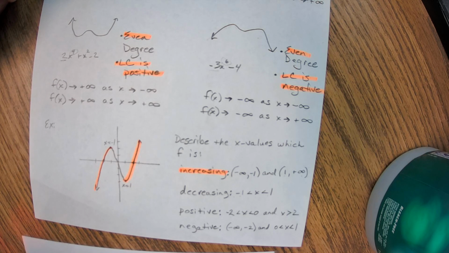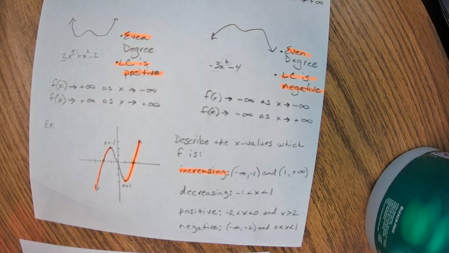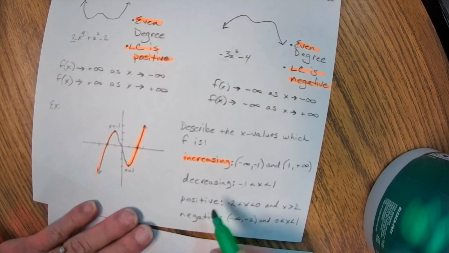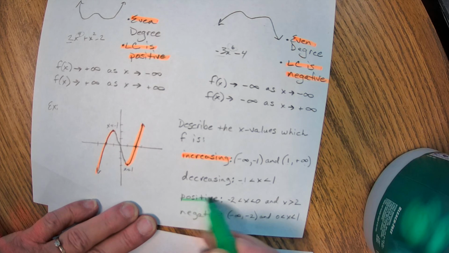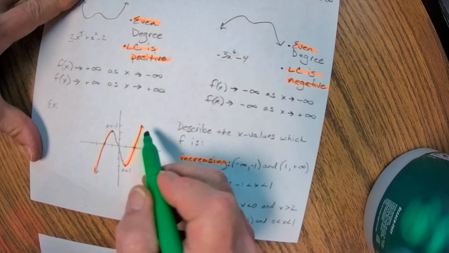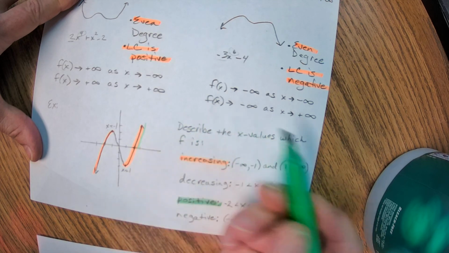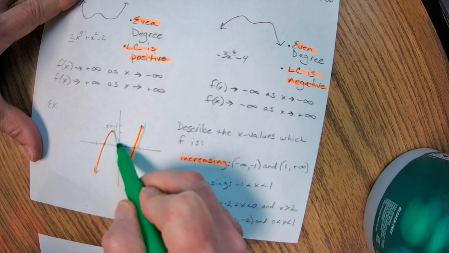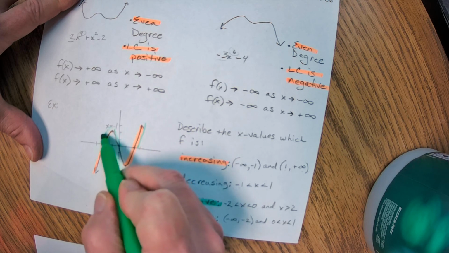They're also going to ask you when the function is positive and when the function is negative. So let's look at when the graph is positive. The graph is going to be positive there, it's positive there, and it's positive there.